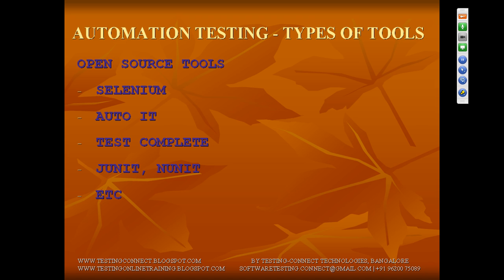Similarly, open source tools. Before going to open source tools, see what is the major difference between licensed tools and open source tools. If you go for licensed tools, 80% built-in features they will provide, and 20% you have to come up with on your own.